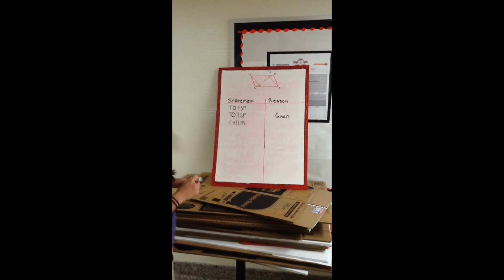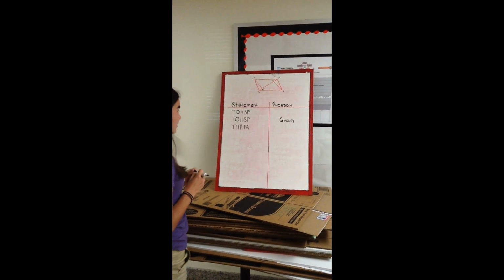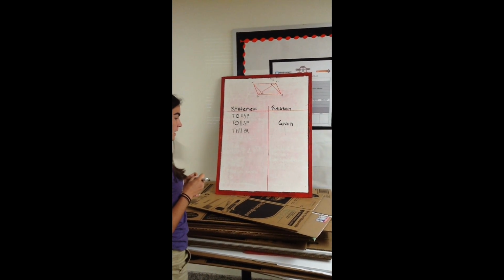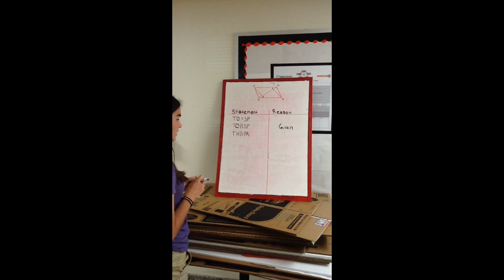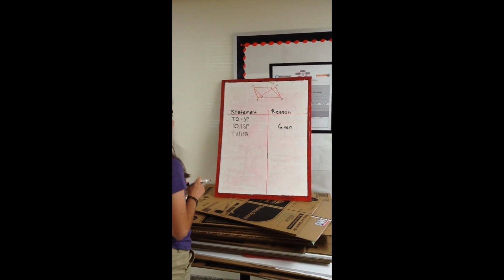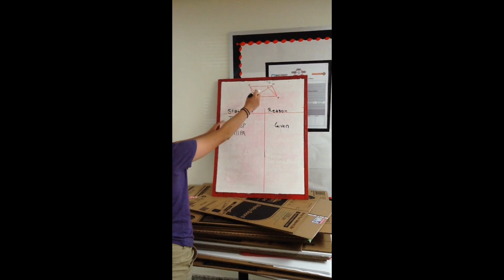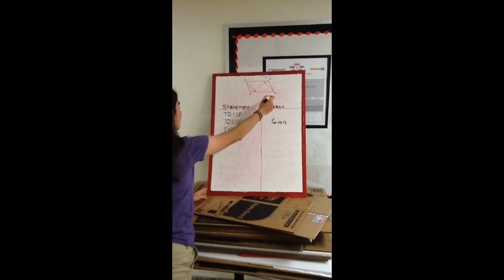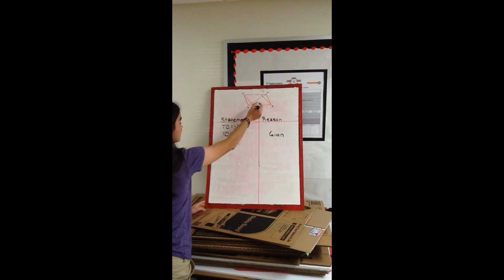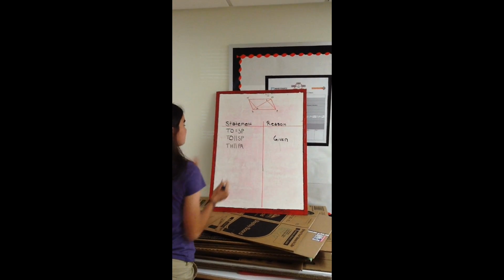Okay, given that line TO is congruent to SP, TO is parallel to SP, and TH is parallel to PA, prove that TH is congruent to PA. So we have that line TO is congruent to line SP, and those lines are also parallel, and then line TH is parallel to line PA.